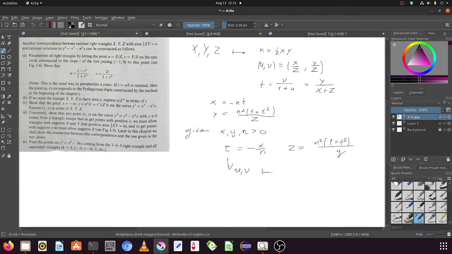And together with z, this gives x and y. So that's a one-to-one correspondence. And will they actually be sides in a right triangle?